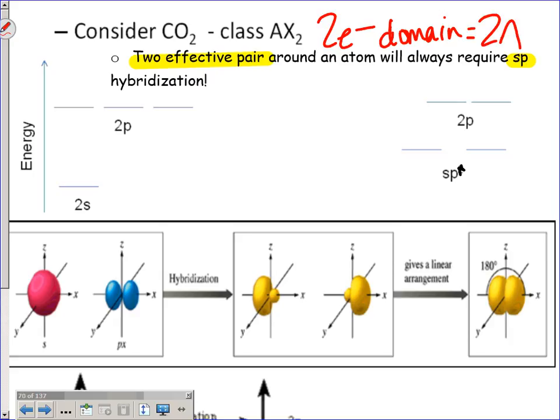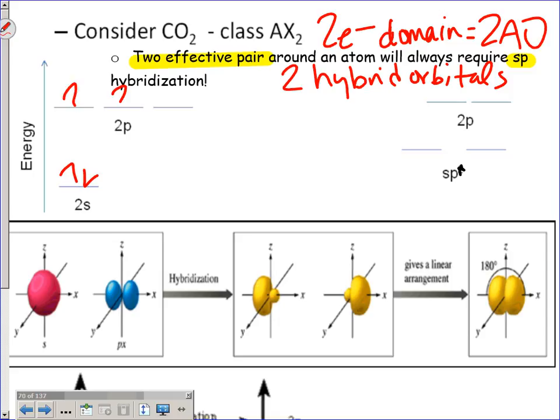That means there's 2 atomic orbitals that are going to come together and hybridize to make 2 hybrid orbitals. We will leave free the ones that don't need to hybridize. So carbon, yet again, 2s2, 2p2. Shove that electron up there for electron promotion.